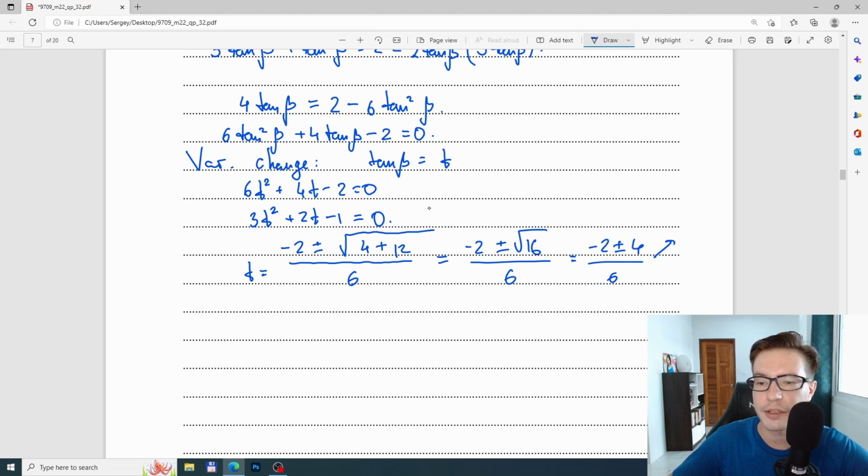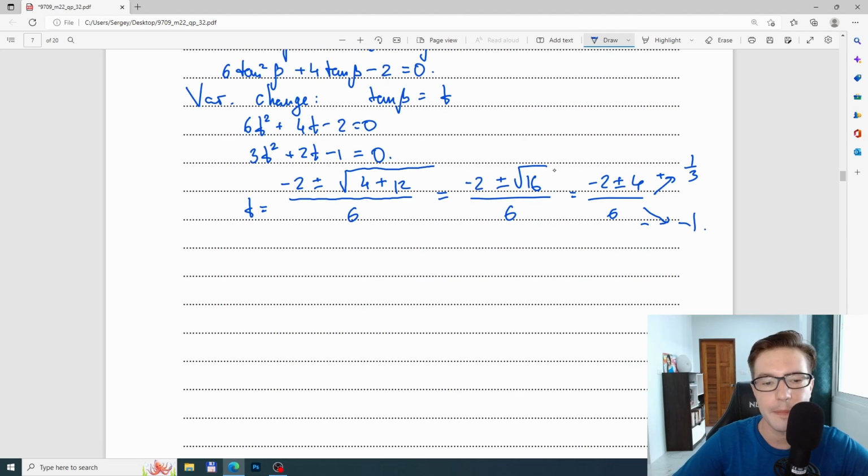If I take the plus sign in the formula, I will get 2 over 6, which is 1 over 3. Or if I take the minus, I will get minus 1. Now substitute back. That means tangent beta equals to negative 1, or tangent beta equals to a third.